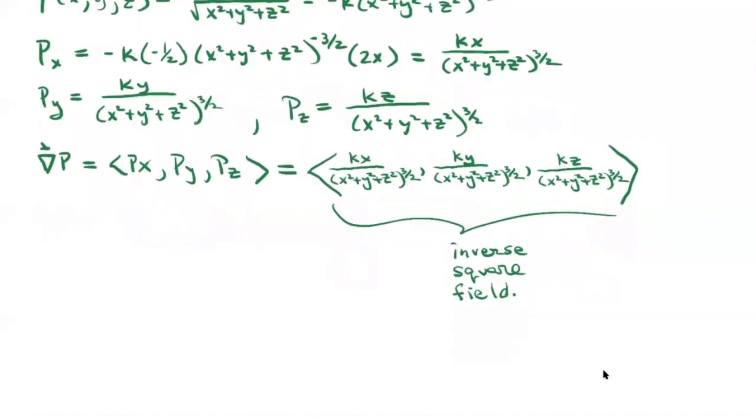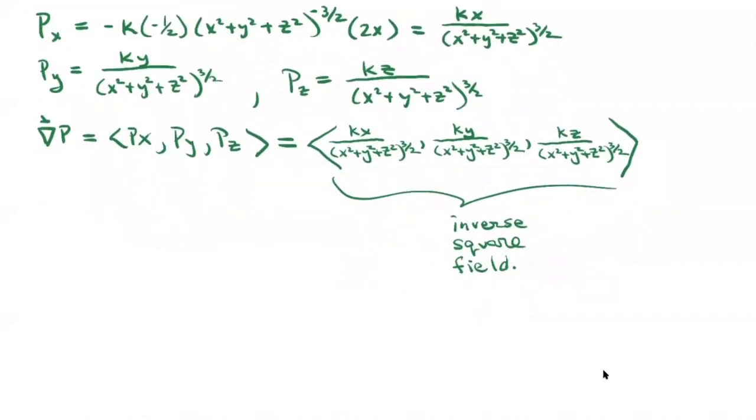And then I just wanted to throw out a little trivia. A fact that nobody cares about. Turns out to be consequential. So it turns out that the gradient of P is equal to the inverse square field.